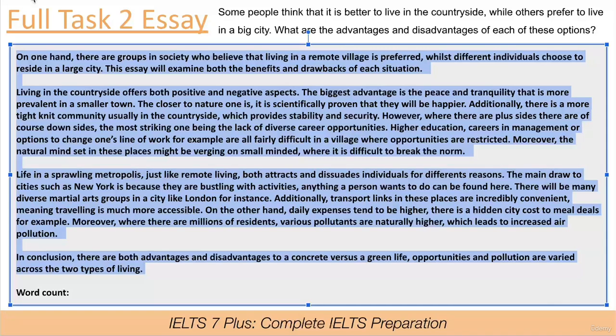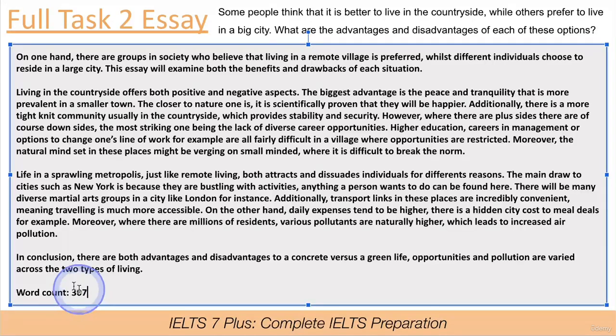Let's count the words for this one. Okay, so this comes to a grand total of 307 words. So just over the 300 mark there. And I hope that's been helpful today. We've had a slightly unusual question, a question which could throw some students.